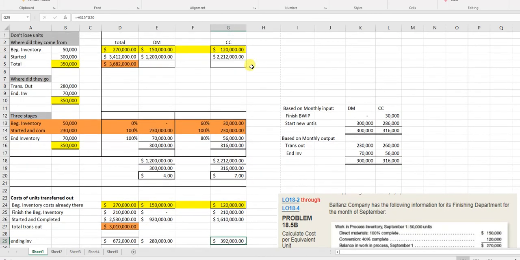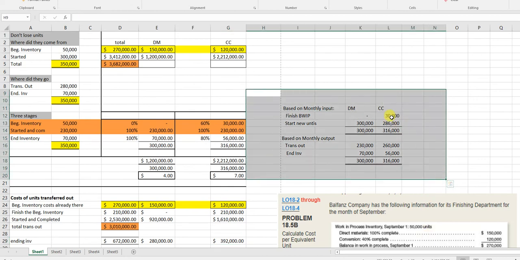The beginning inventory, I want to remind you, just simply came down from there. So notice if I use this, I can quickly enter formulas in. If I use theirs, where I put based on monthly input, I don't have quick numbers I can multiply by $4.07. So hopefully that helps you.